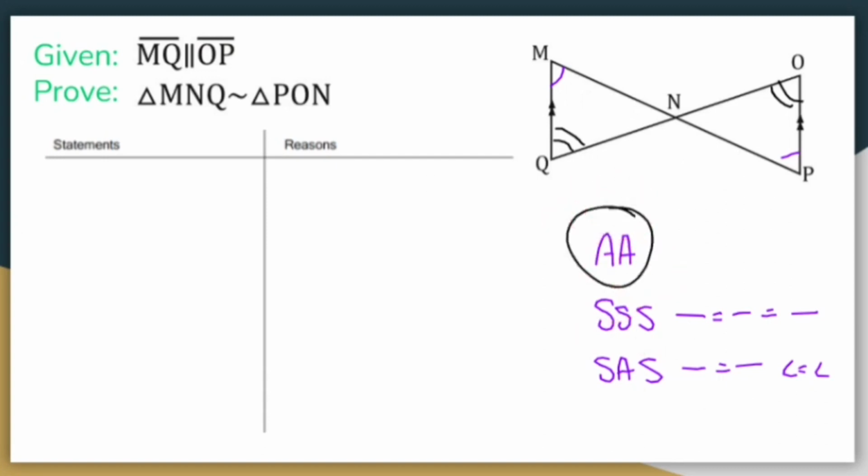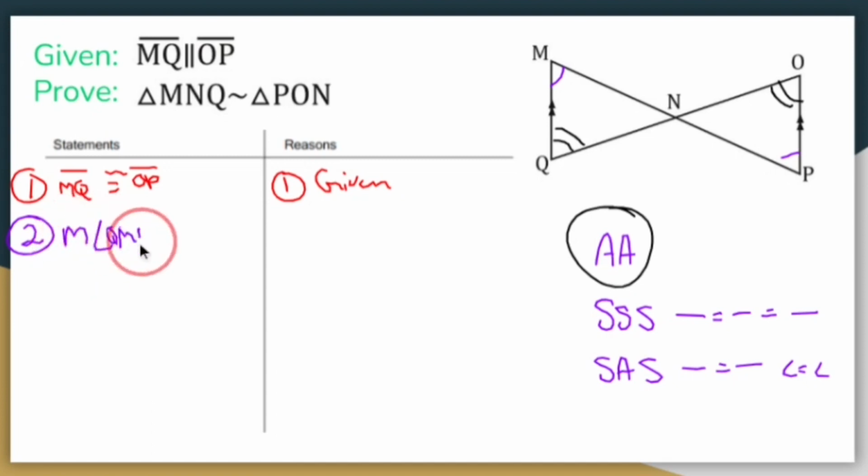I'm going to state my given. I'm going to say that these two are congruent by definition of alternate interior angles, and then in my last step, step 3, I could say that they're similar using AA. So number 1 is the given: side MQ is parallel to side OP. 2, the measure of angle QMP is equal to the measure of angle OPM.